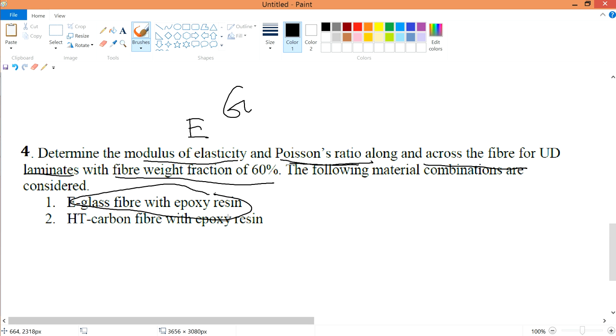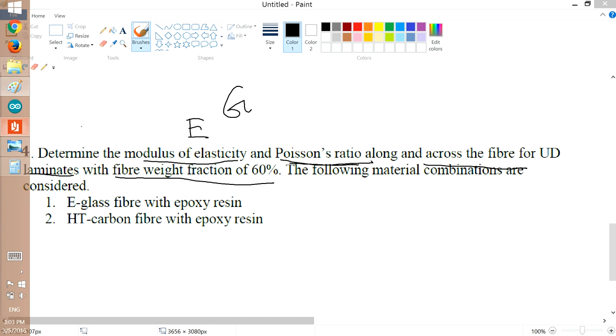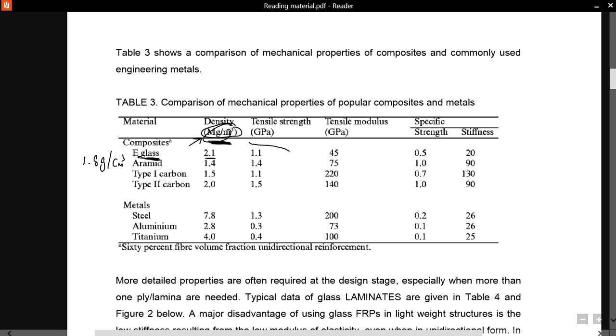He didn't do this because he wants you to do it on your own, so that you know how to do it. As for this one, he actually gives the answer for you, because this is where our materials don't have it. Over here there is no HT carbon, so he went through and provided the properties for us.